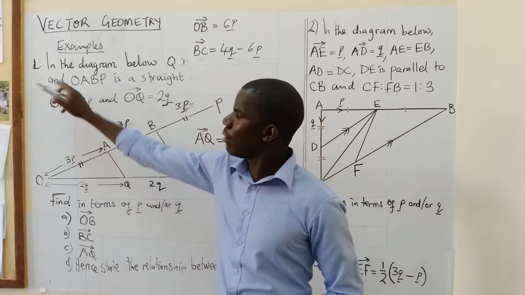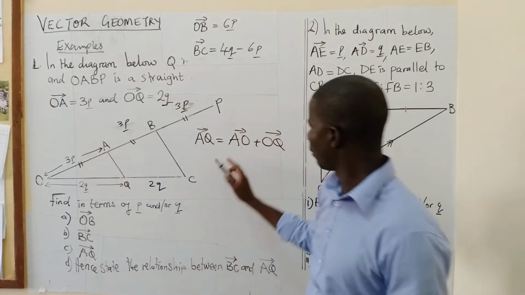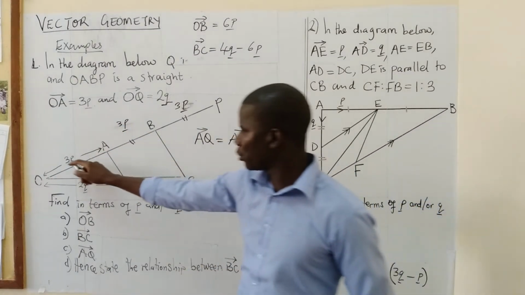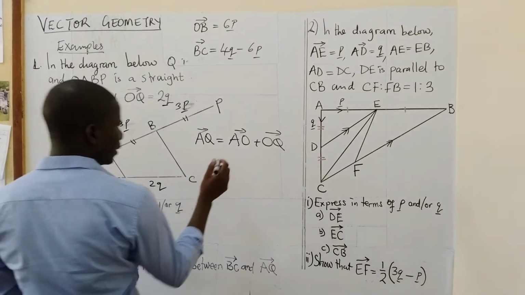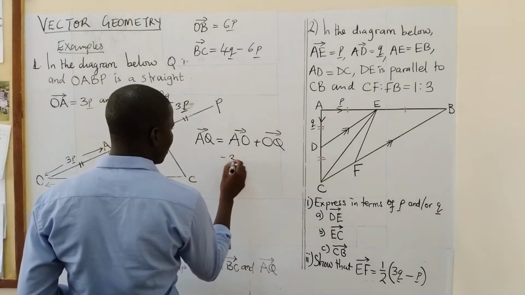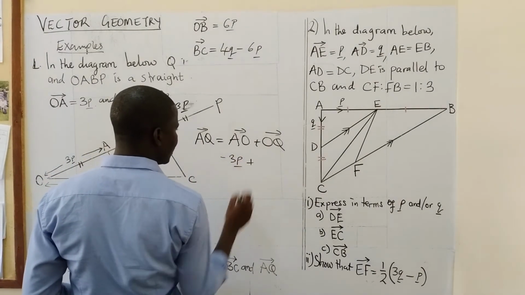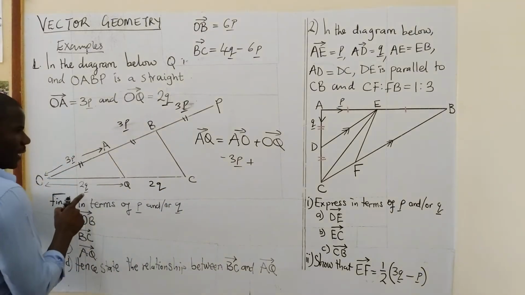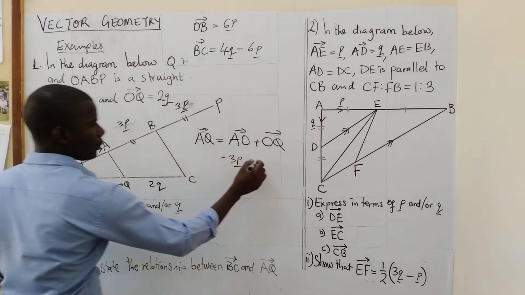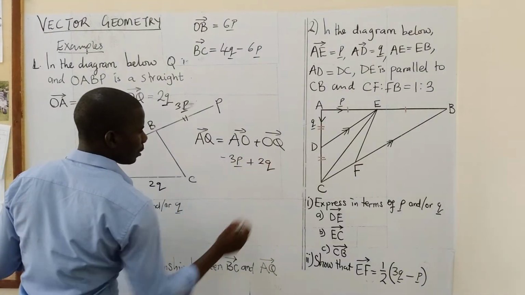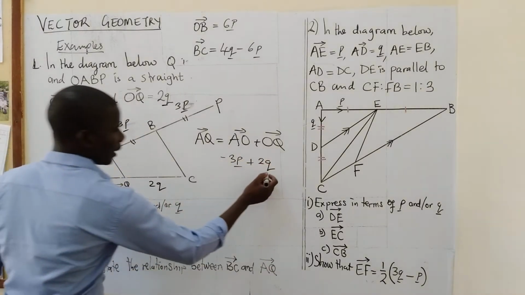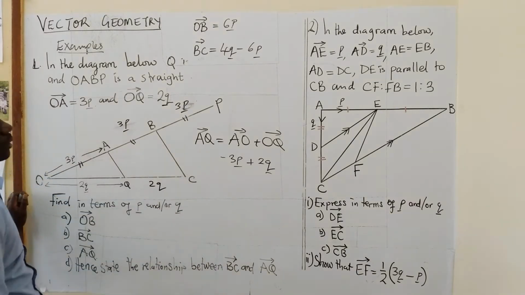So if we have AO, which is the opposite, then we need to put a negative to this one. We are going in the opposite direction. So this is minus 3P plus, what are we getting here? We are getting 2Q, isn't it? This is what is going to be our answer.